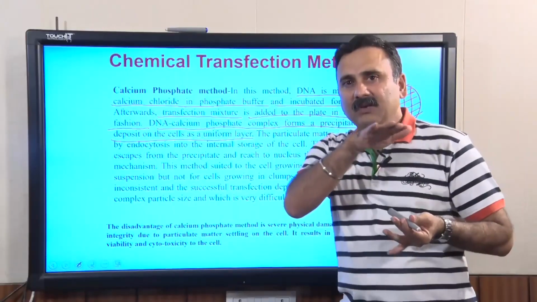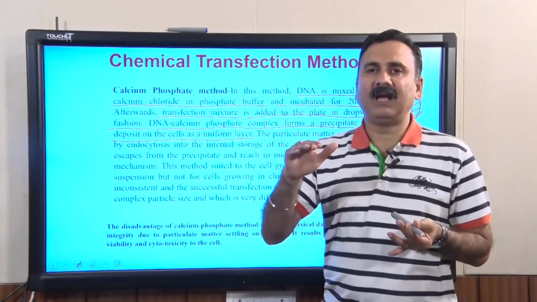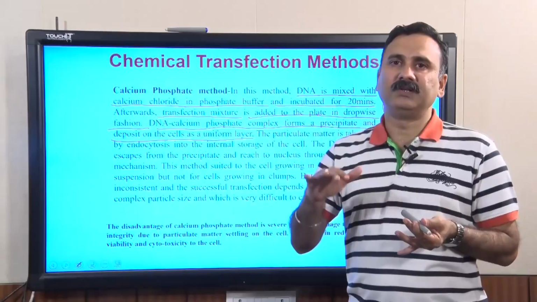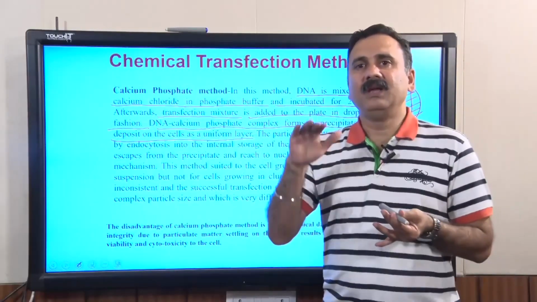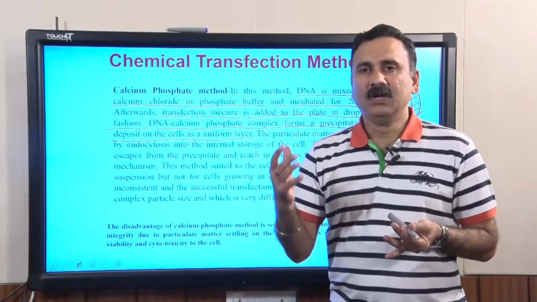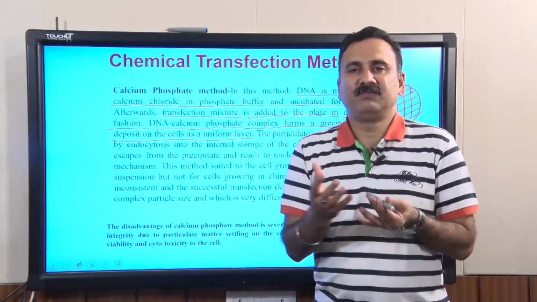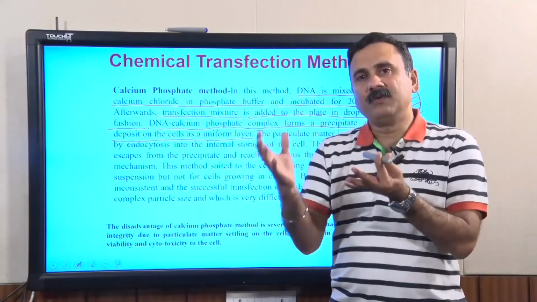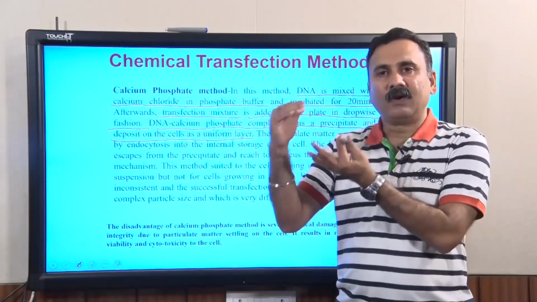So, once these particles settle onto the mammalian cells, the cells have a tendency to take up these particles through a process known as endocytosis. This is exactly the same process as if you are providing food to the mammalian cell to eat. In those cases, if the food is macro structures, which means beyond a certain size, this food is going to be taken up by the process known as phagocytosis.